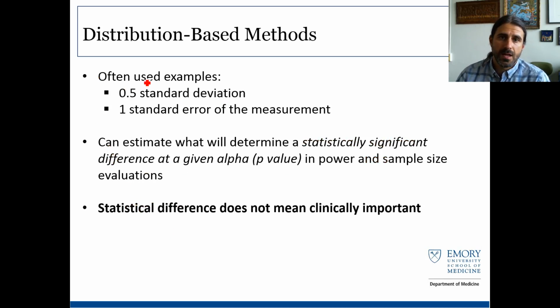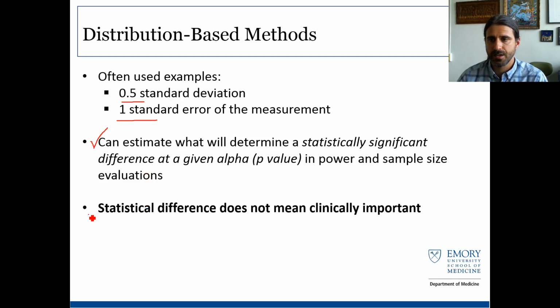Some often used examples are standards such as half a standard deviation or one standard error of measurement, both of which I will not go into detail. I know other courses discuss this. Again, distribution-based methods help you determine what could potentially be statistically significant at a specific p-value with a sample size.